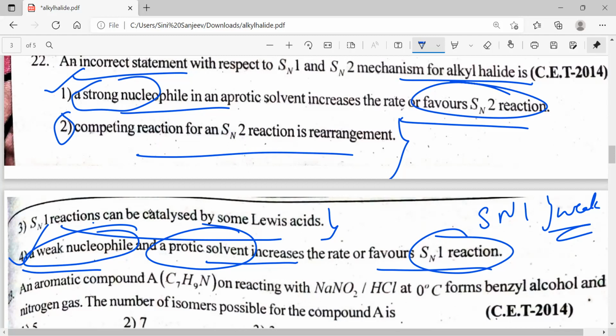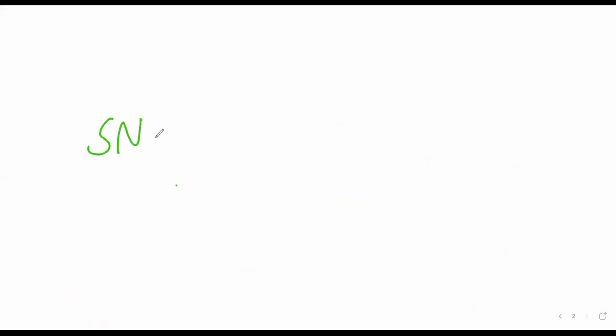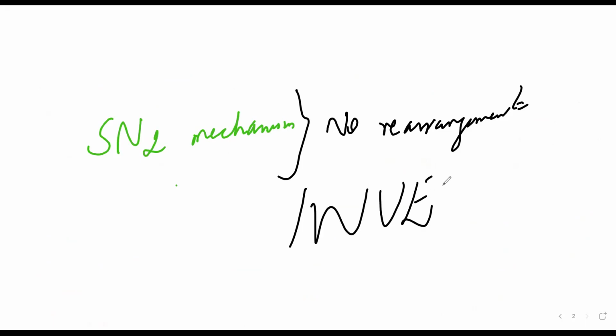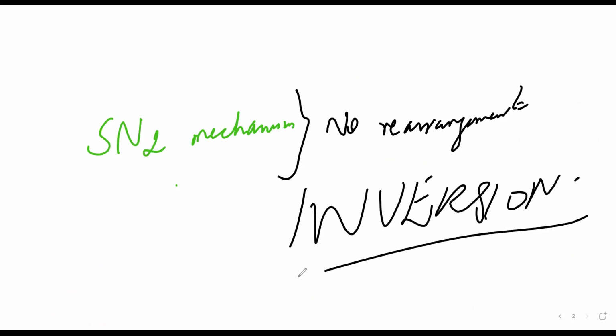Clearly we know that in SN2 mechanism, suppose we are getting confused, I just wanted to write down here. In SN2 mechanism, there is no rearrangement. There is something called inversion. In my cat and cow story, I have told what it is. So there is no rearrangement. Inversion takes place in SN2 mechanism.